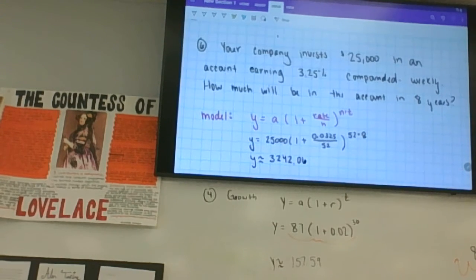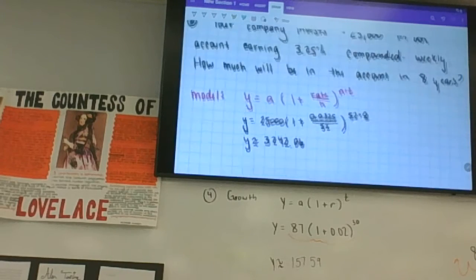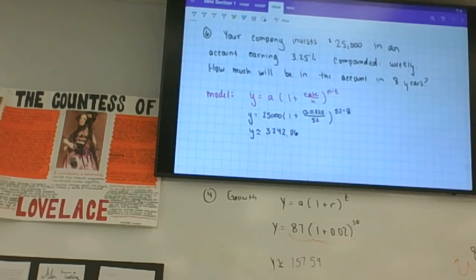So for money, I want you rounding to the cent every time. I mean, unless the problem says otherwise.